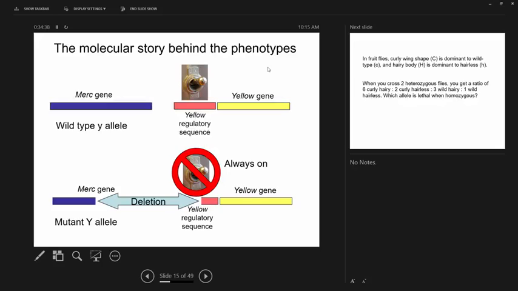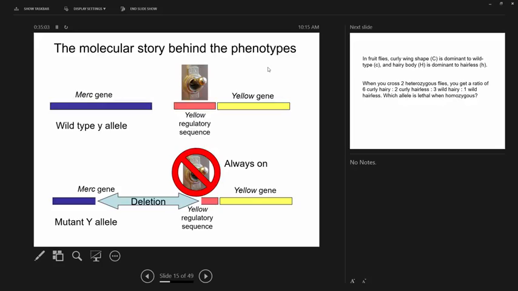Also, a big part of the Merck gene is gone, so if you're homozygous for that, you won't develop. What I'm showing here on the slide is the heterozygote, that's the yellow mouse. Because this is broken, this is a dominant allele. It doesn't matter that that's regulated normally. This is on all the time, so the entire hair of all the fur is yellow.